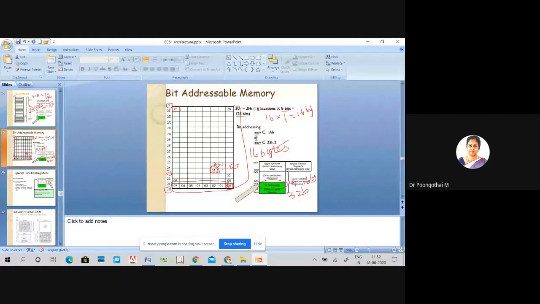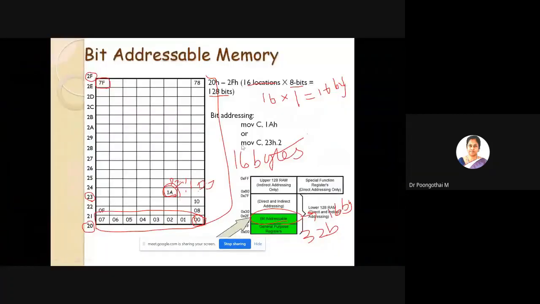For example, consider this one: MOV C, 1A. What is 1A here? 1A is bit 2 of internal RAM location 23. I'm transferring this 1A content.